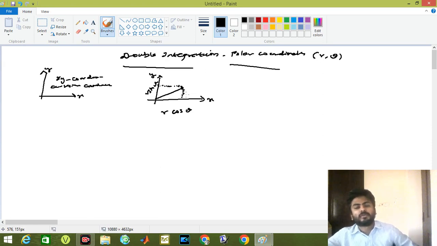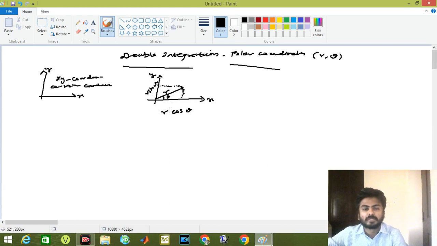Am I right? Here you will have some angle. This angle is called theta, and this distance is called r.